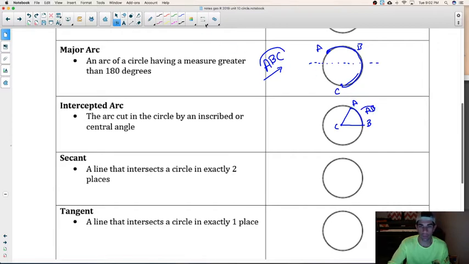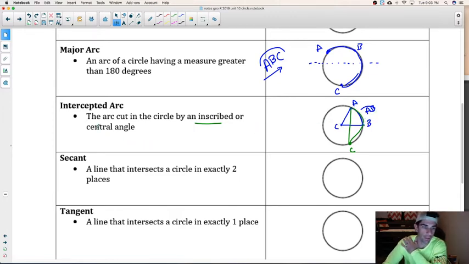Now, it could either be from that central angle, which I just drew, but let's use arc AB with an inscribed angle. Inscribed means that the vertex isn't going to be in the center, but it would be on the circle. So let's say I drew this. That's an inscribed angle because the vertex is on the circle, not in the center. But it's still sharing points A and B, so it's still intercepting at arc AB.